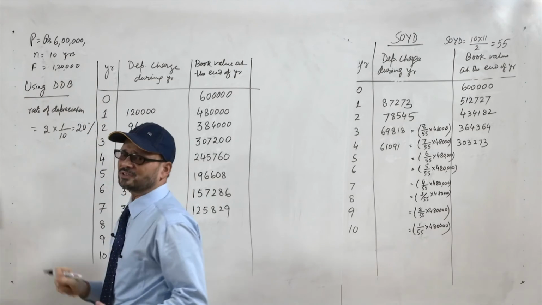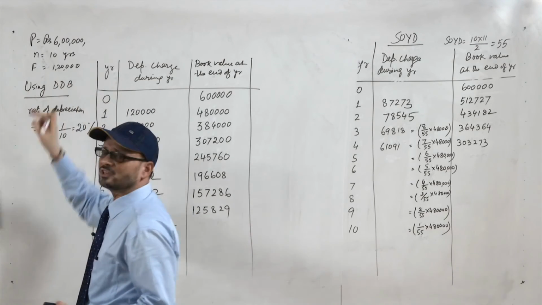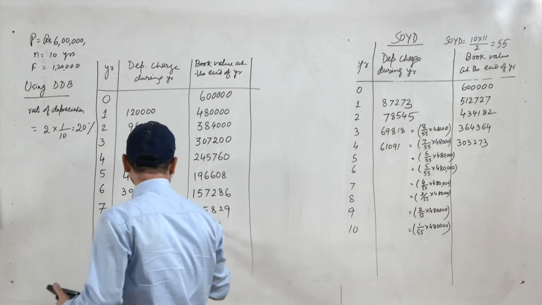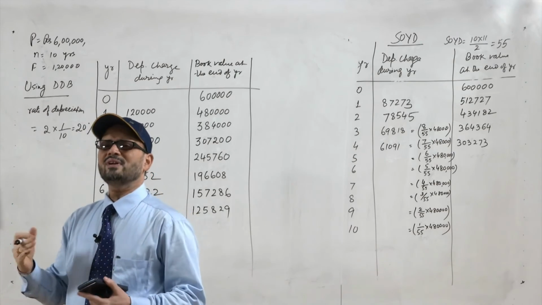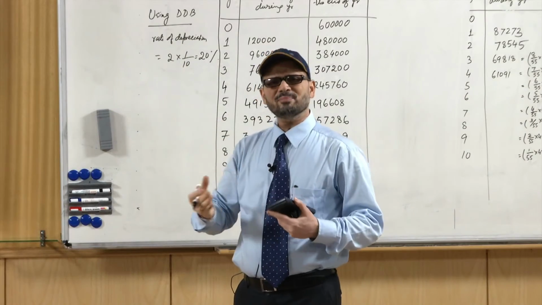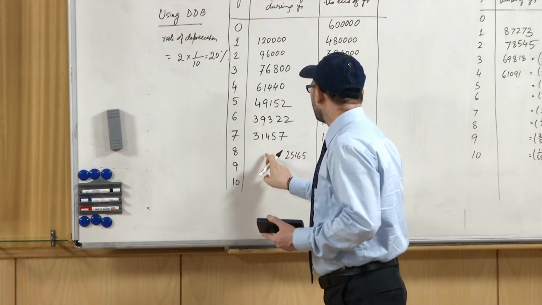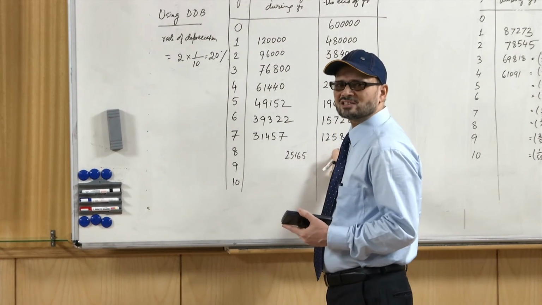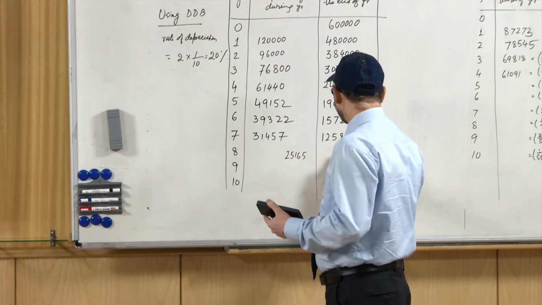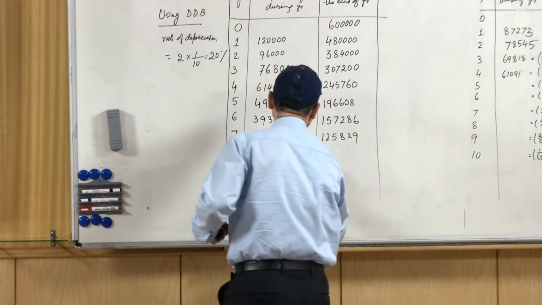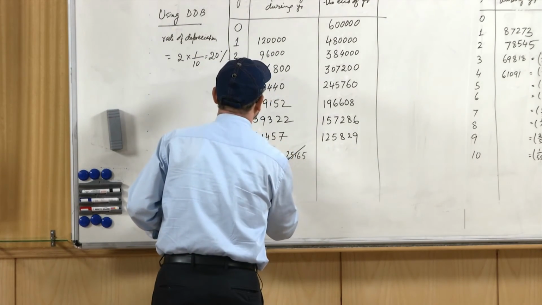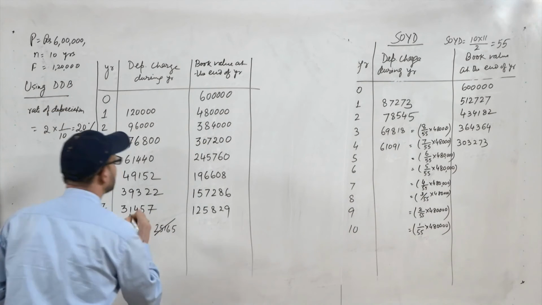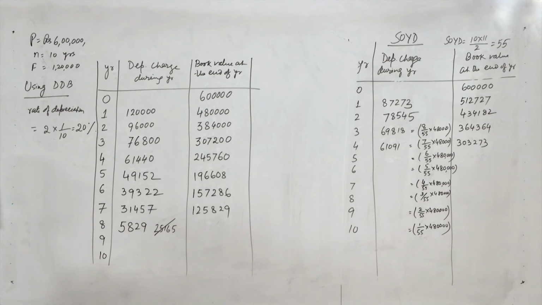Now, the salvage value at the end of its life is said to be 1,20,000 only. So, the book value cannot go beyond this salvage value. So, basically we have to use the adjustment basis so that the salvage value comes out to be not less than 1,20,000. So, in that case this will not be used, basically we will use the depreciation amount as only 5,829 and that is why it will come as 1,20,000.